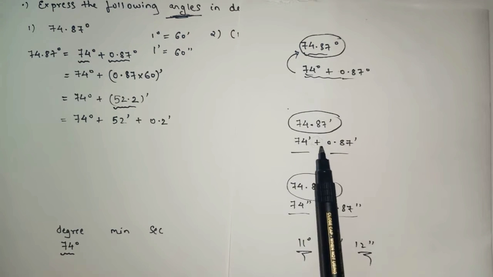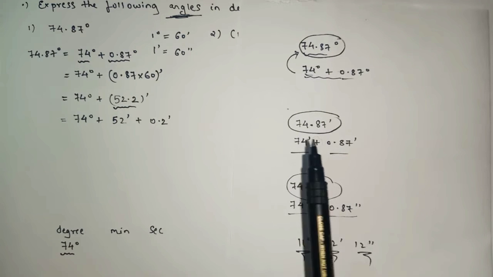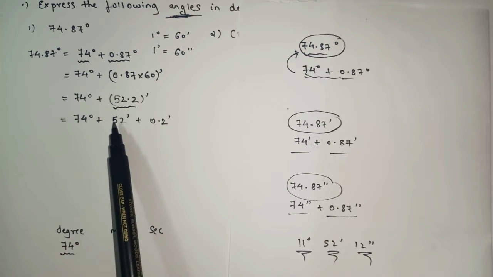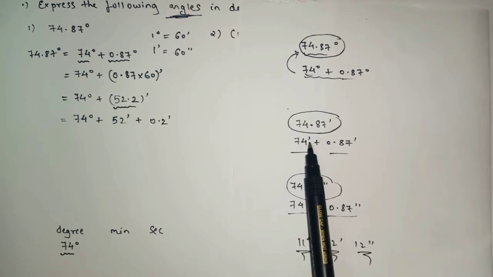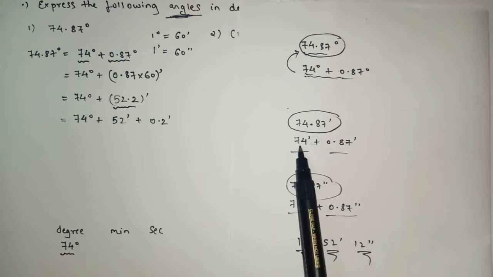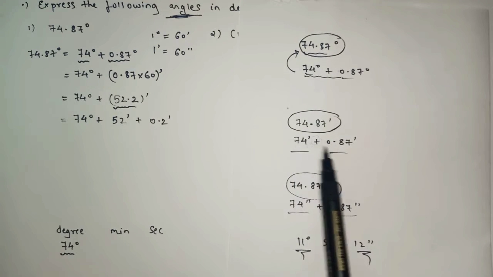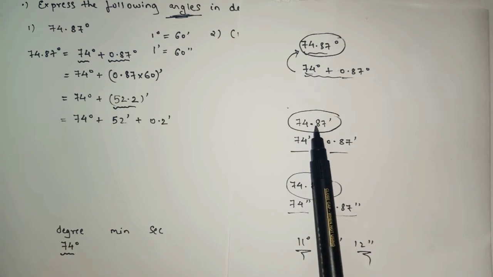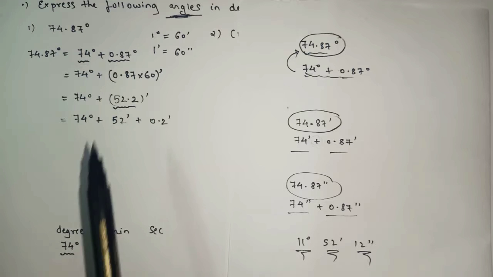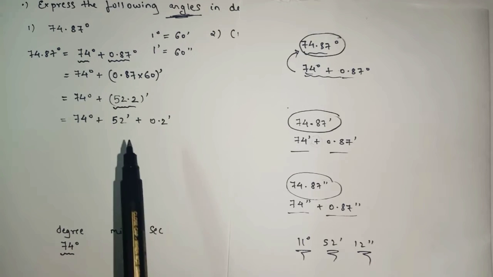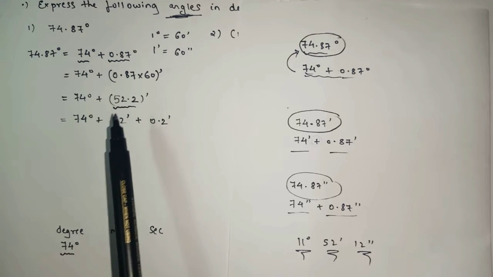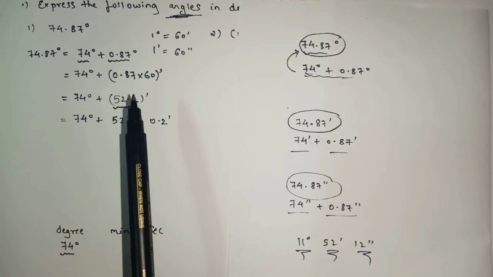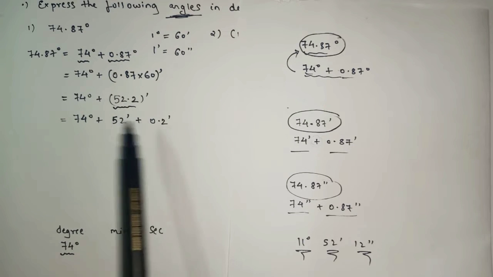You will break the number with the connection plus. Because this 74 plus 0.87, both the powers are same. So when both the powers are same, directly we can write this as 74.87 minute. So here we can do the same step: 52.2 we can break as 52 plus 0.2, as both the sections are in minute.